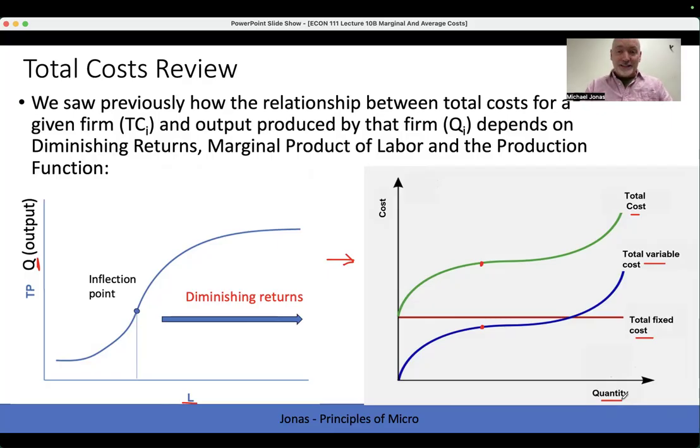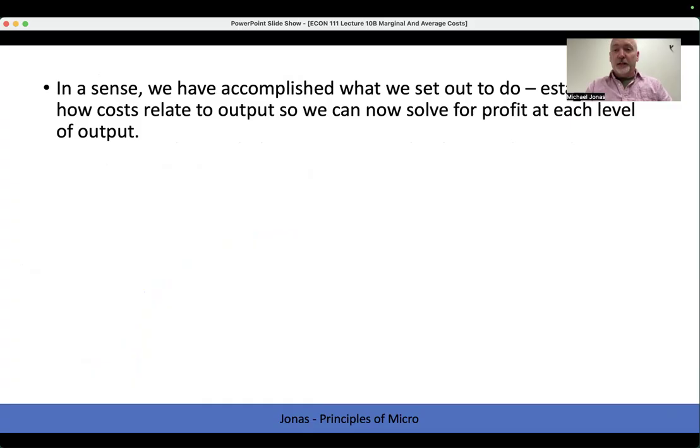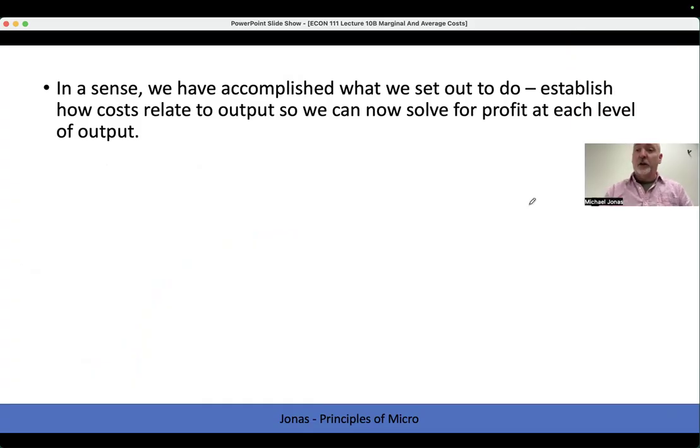So in a sense, we've reached a plateau where we can start to answer the question that set this discussion off: wouldn't it be great if every firm had a mathematical function that would tell us what level of profit we would earn at a given level of output?